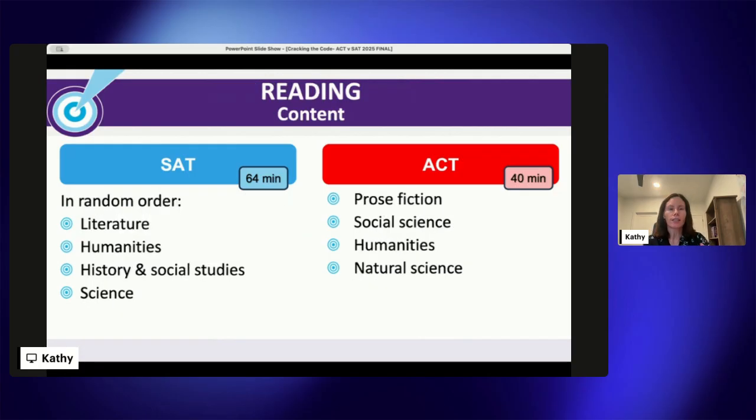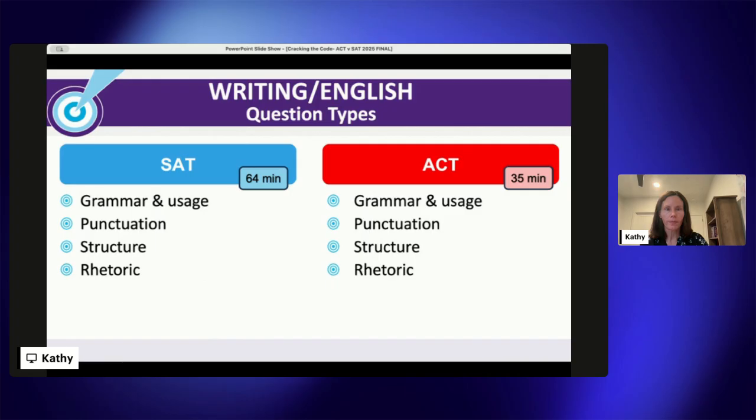ACT reading, you're going to see prose fiction, social science, humanities, natural science. I don't believe there's going to be any poetry on there, unlike the SAT. You may also see some visual text. And for the writing English question types, again, these are going to be pretty familiar.